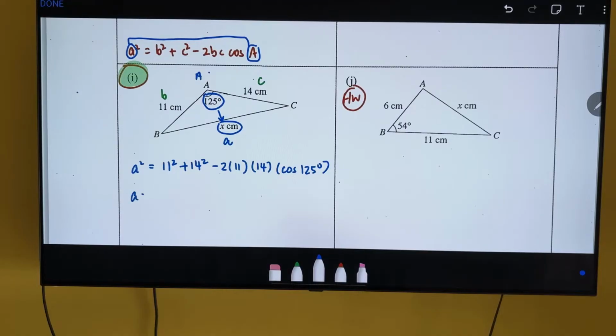Can we find A from here? Yes, we can. In fact, we square root the entire expression, the entire number that we have worked out from here.